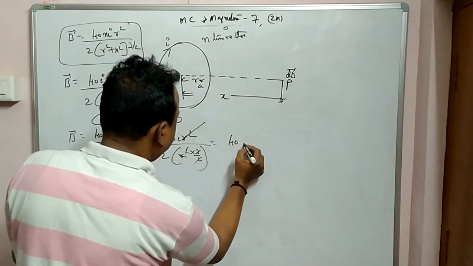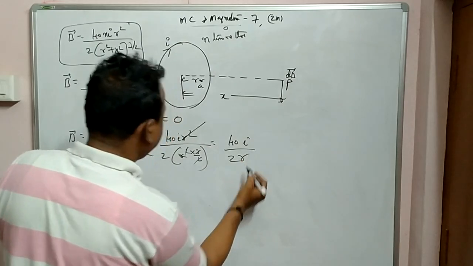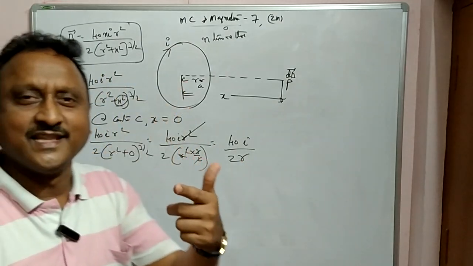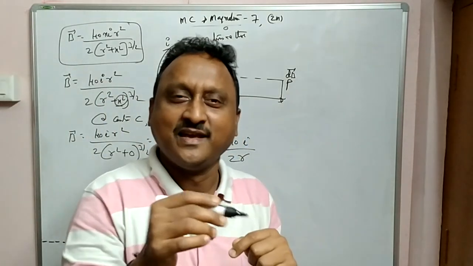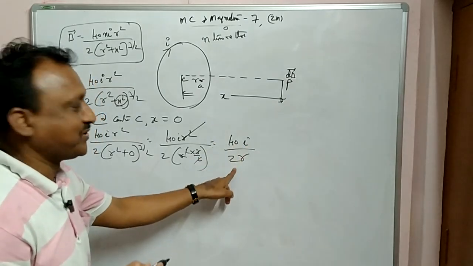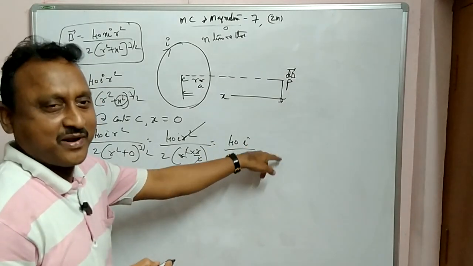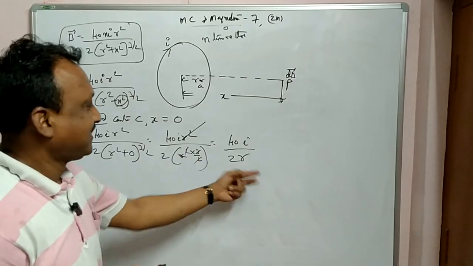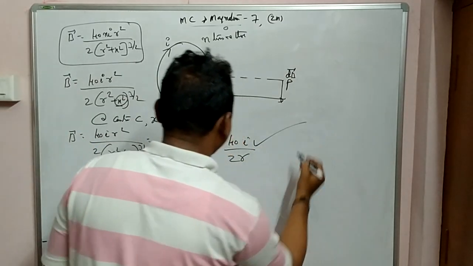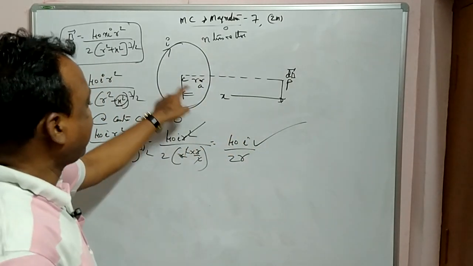Finally, you will get mu naught I by 2R. Same thing as the circle. What did we get earlier for the circle? At the center, for the current carrying coil, mu naught I by 2R. Semicircle, 1 by 2. Quadrant, 1 by 4. Same formula. Clear?